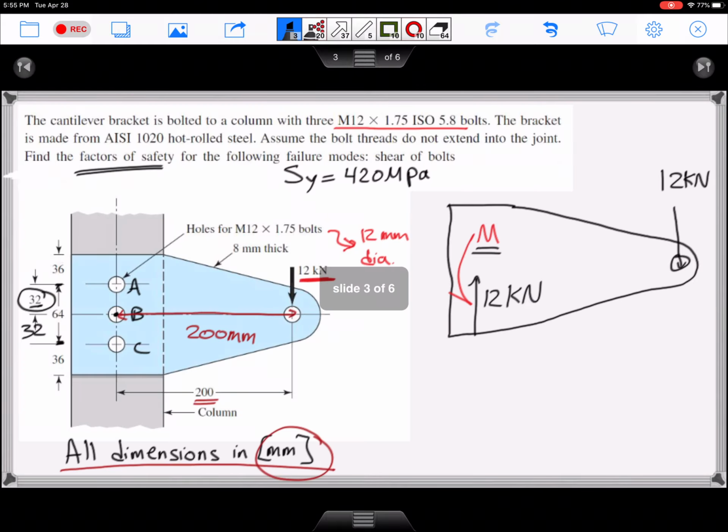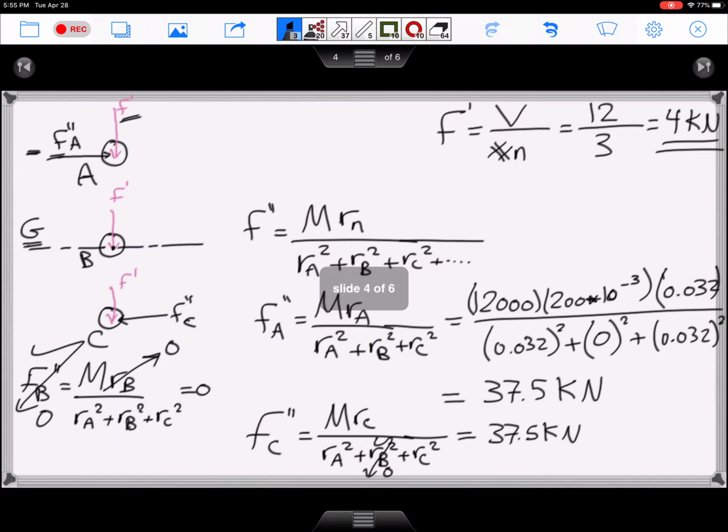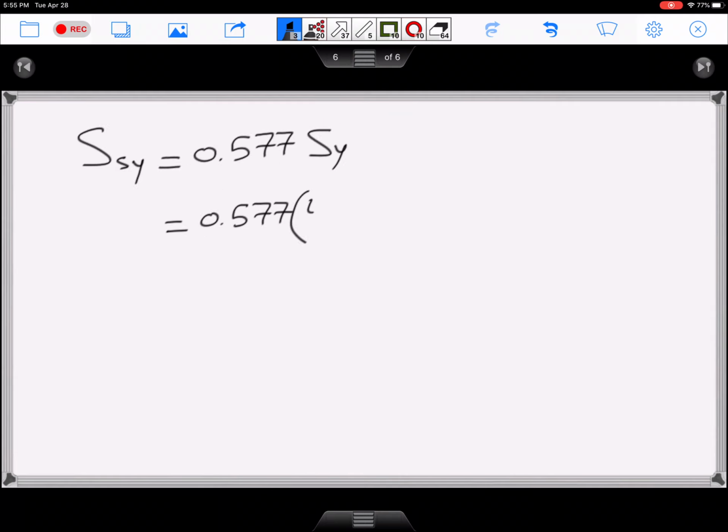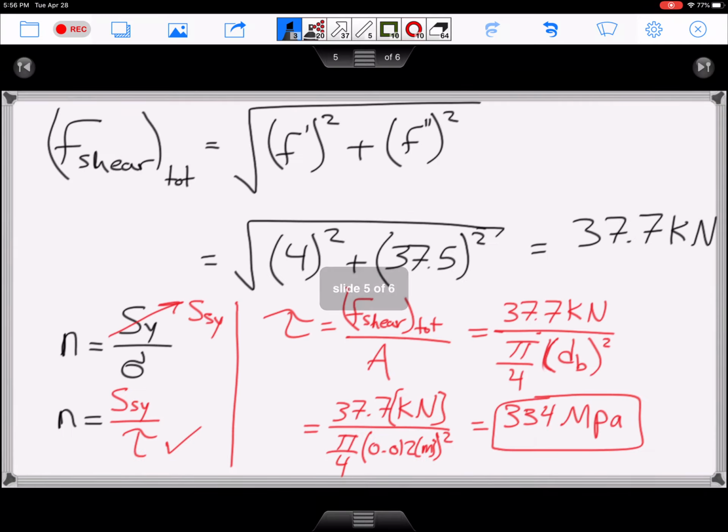I believe the problem stated that the yield strength of this bracket is 420 megapascals. So you plug in 420, and you will end up with a value of 242.34 megapascals.